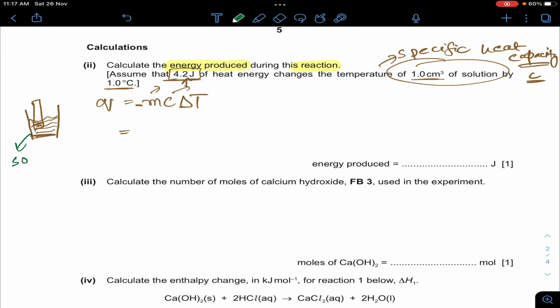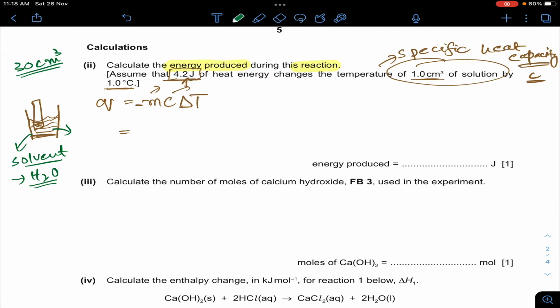In this case, the surrounding is solvent, which is water. So we are measuring the temperature of water. Here we will make an assumption that we have pure water, although it is a dilute solution of acid, but just to solve this question, you would assume that this is pure water, and we have 30 cm cube of water.